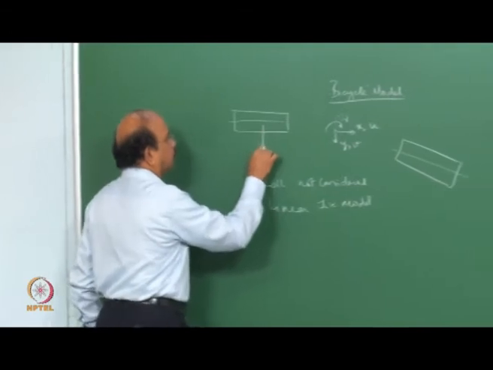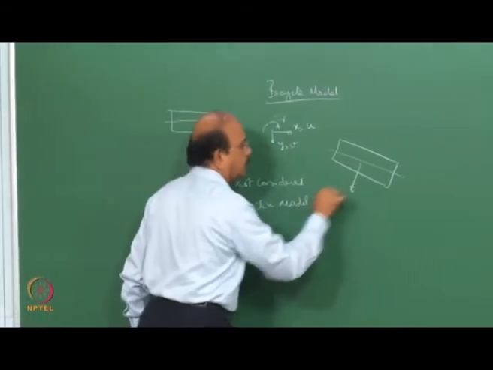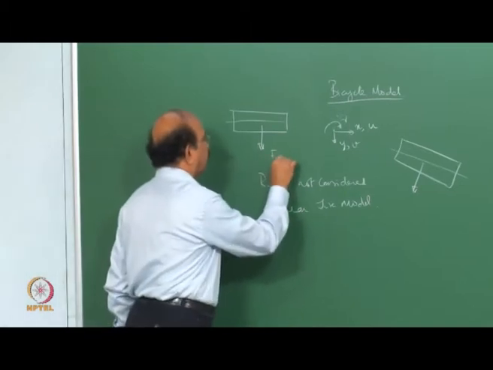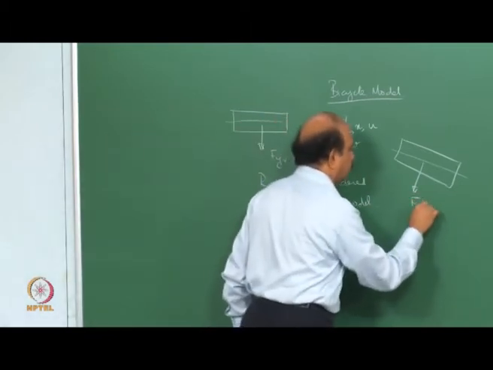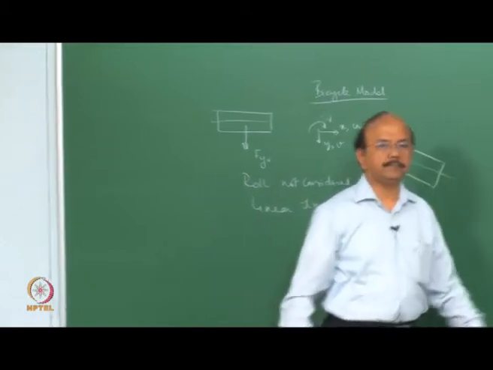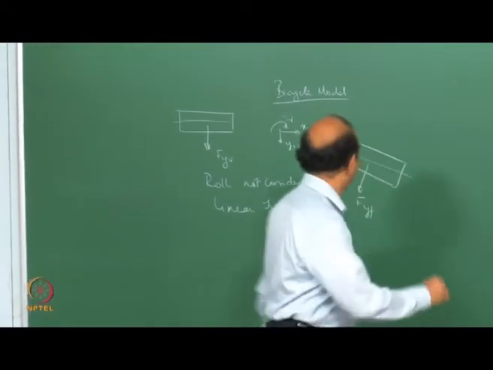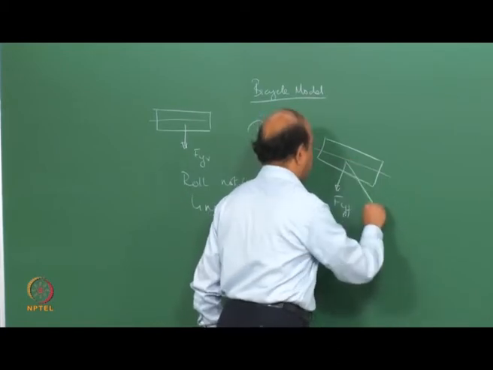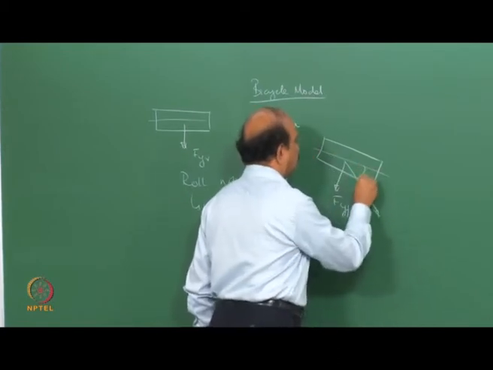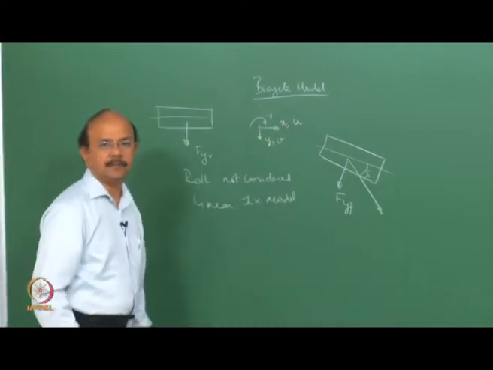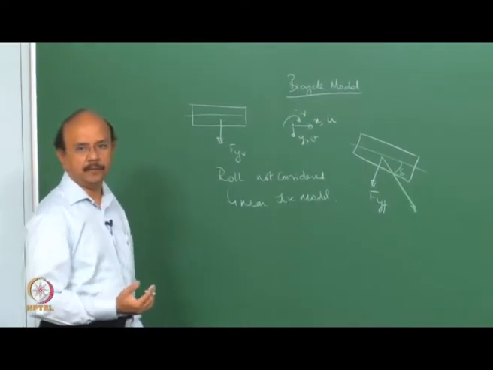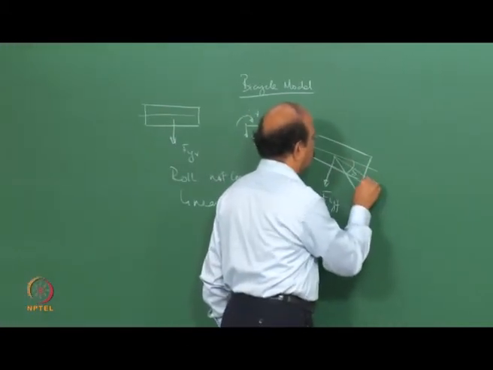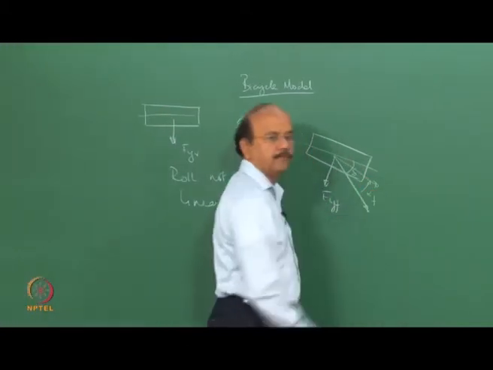Obviously, there is going to be a load or force acting, which we call FIR and FIF, and there is the delta, which is the steer angle given, and that is the alpha f.